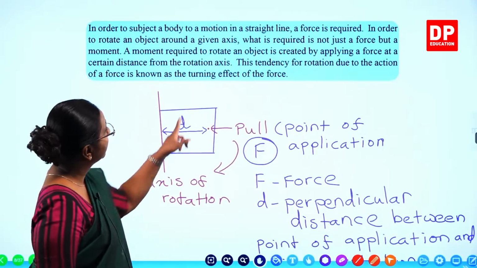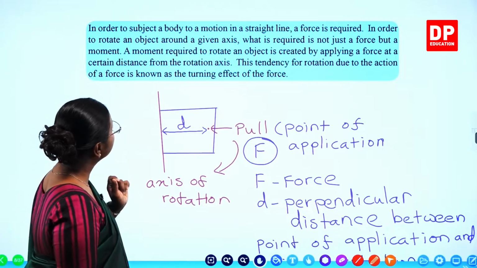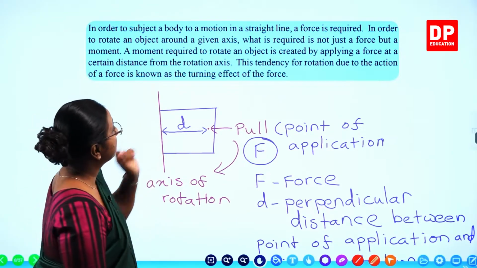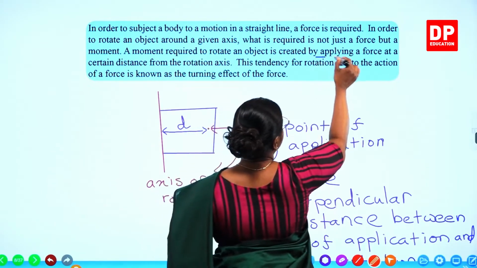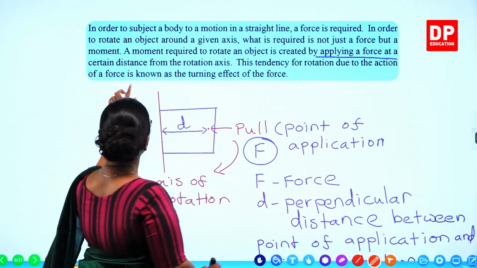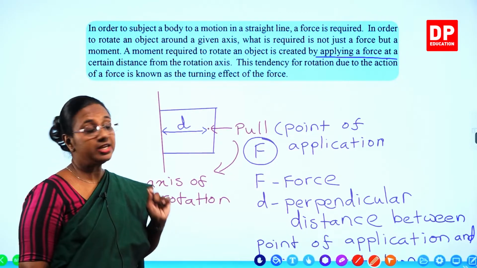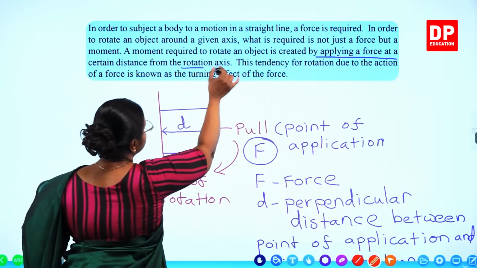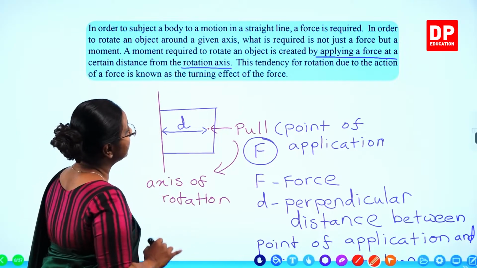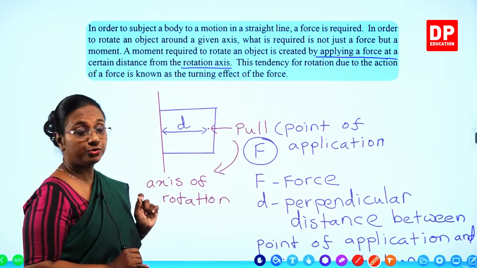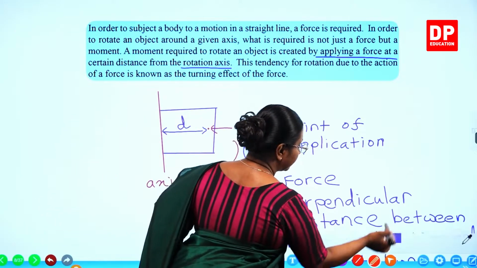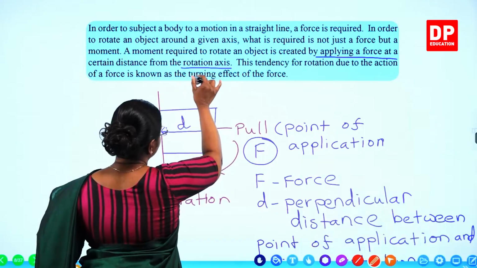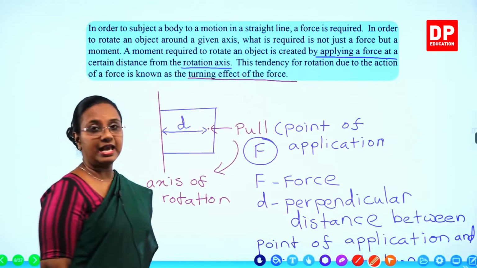So there, you can see a moment required to rotate an object is created by applying a force. So we apply a force at a certain distance from the rotation axis. So here this is the rotation axis. This tendency for rotation due to the action of force is known as the turning effect of force. So that is what we are trying to understand here.